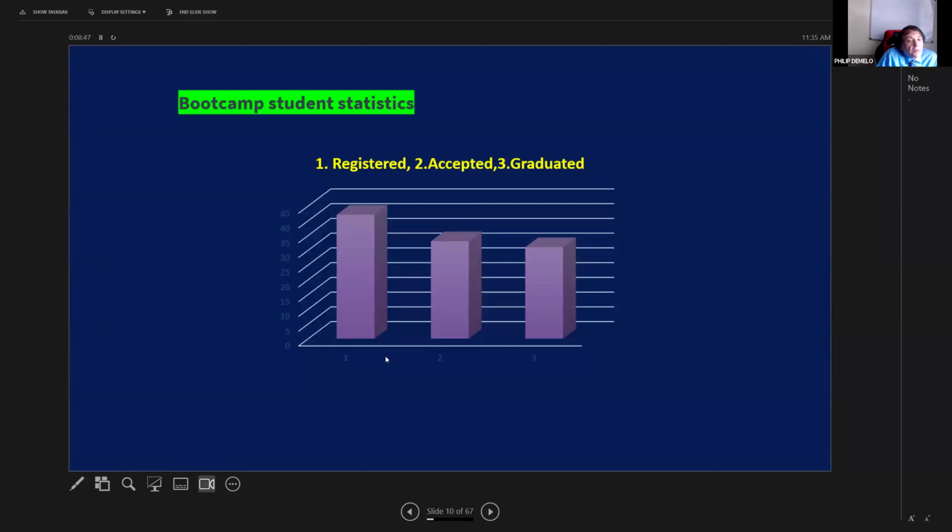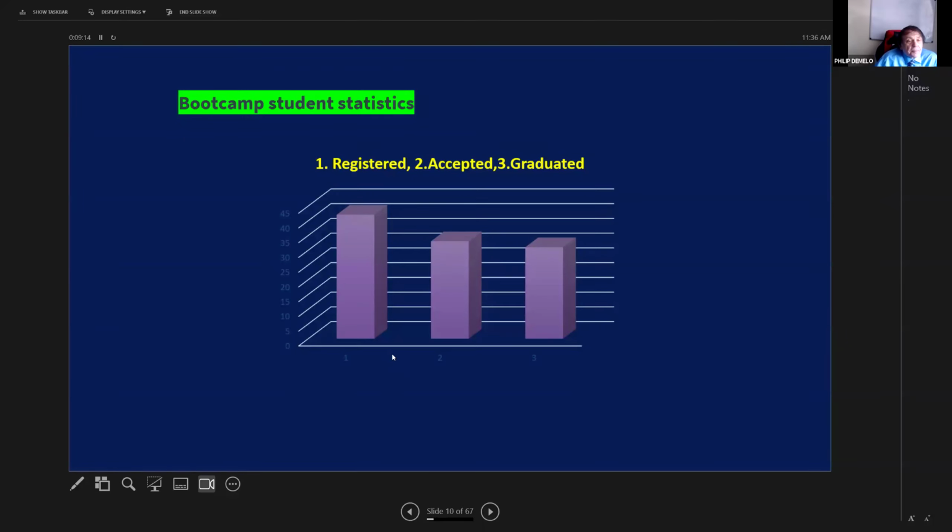So we took on board 34 students, and 3 students did not pass the final capstone exam, so they withdrew. And then we had altogether 31 students who graduated the bootcamp for beginners.